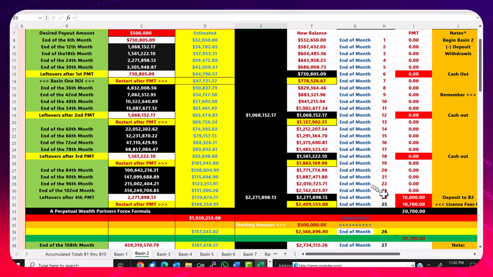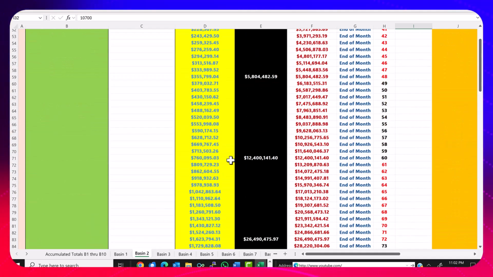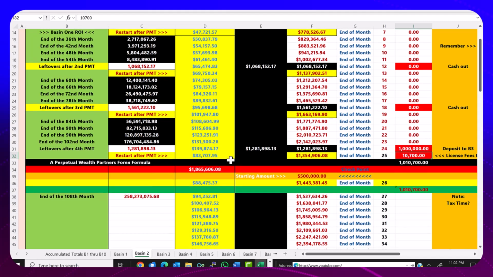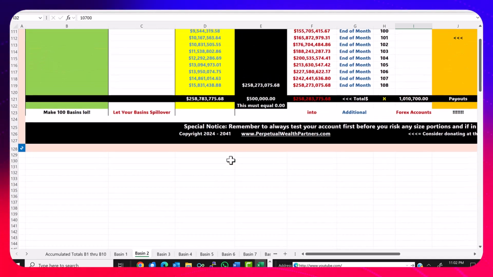Now we're going to take this one out and we're going to put $1 million in, and see what happens. All right, so I'm not going to look down here. It's going to be shocking to see what's down here.